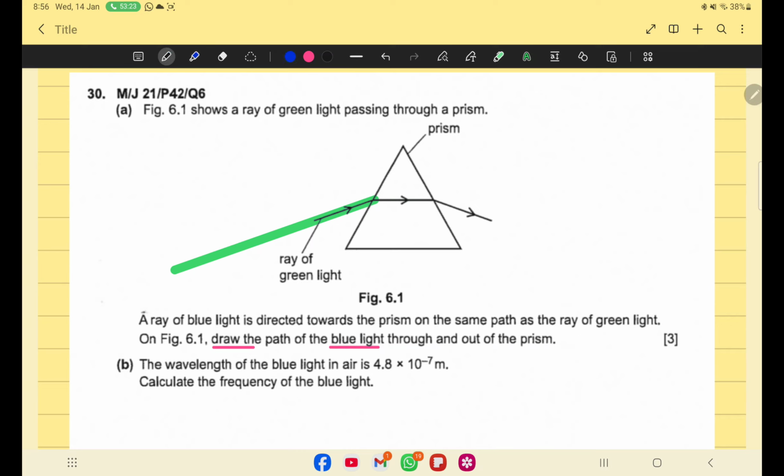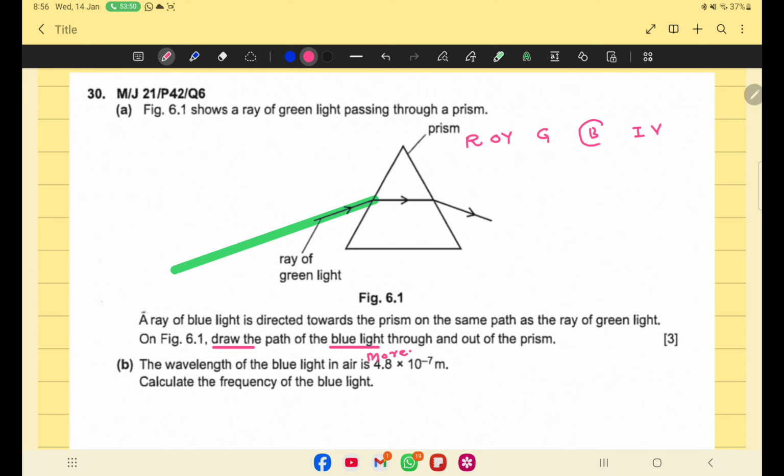So can you tell me, Amna, will blue light bend less or more than green? You say it will bend more. And let me check, ROYGBIV.